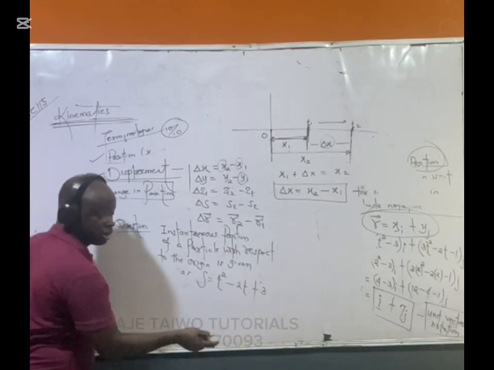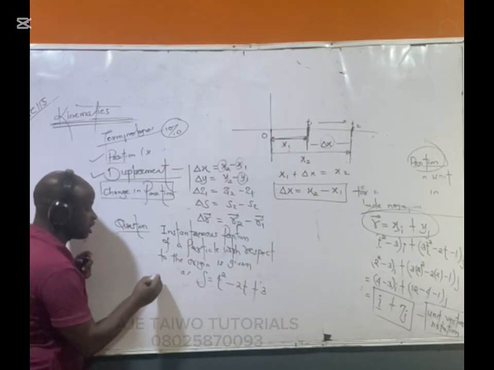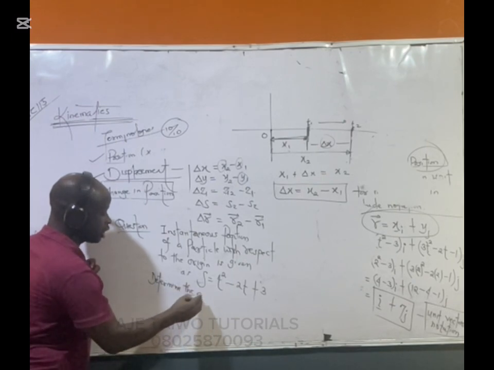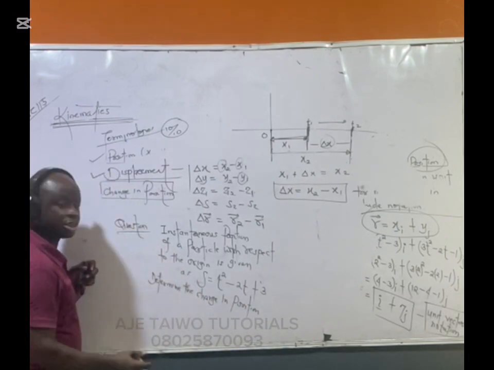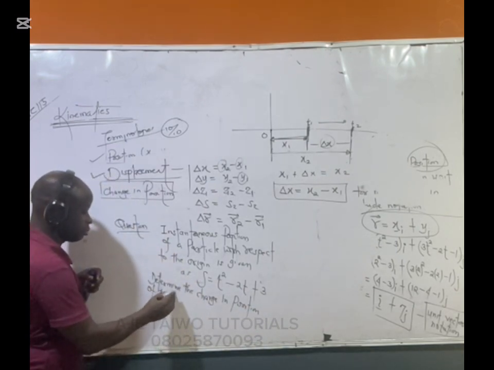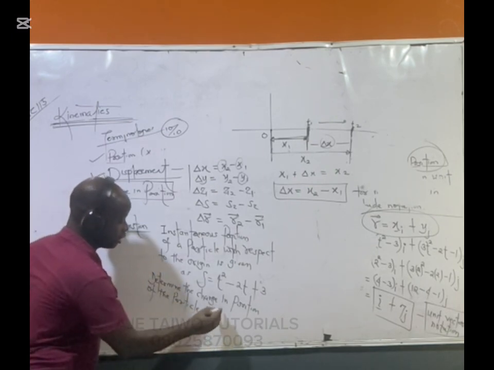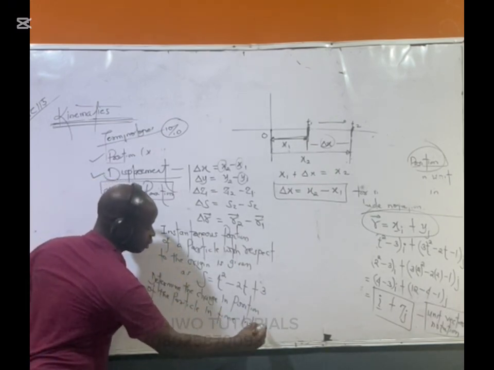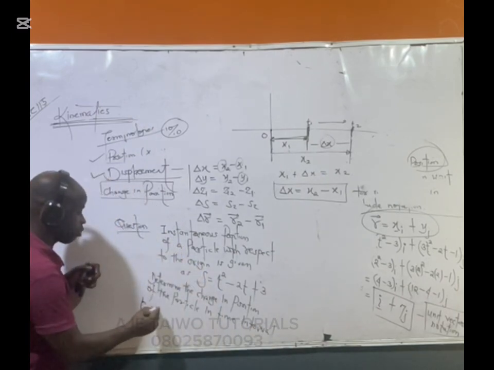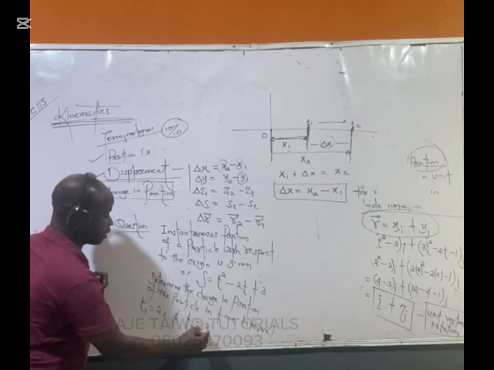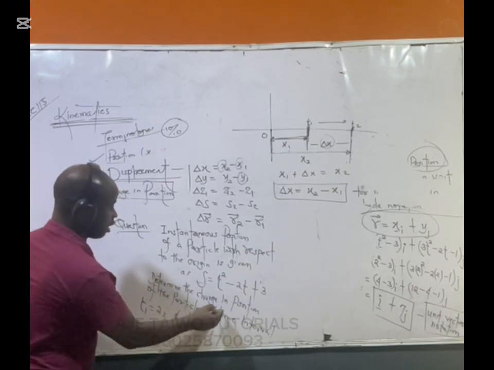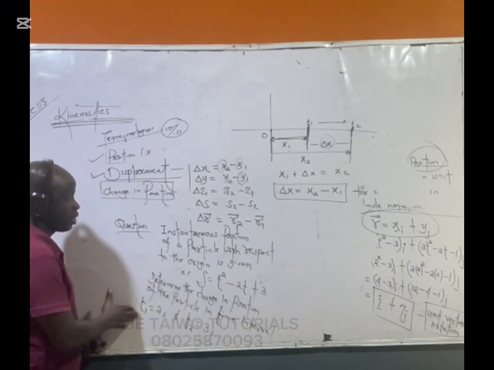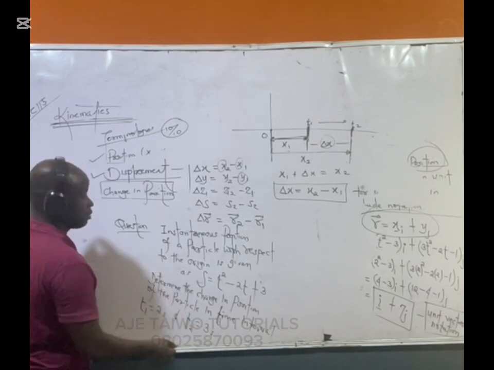Determine the change in position of the particle in the time interval t1 equals 2 seconds and t2 equals 3 seconds.